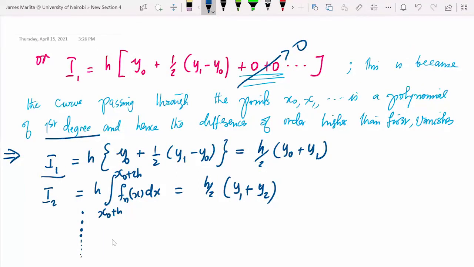If we have I1 as H over 2, Y naught plus Y1, then I2 as H over 2, Y1 plus Y2, I could then say I3 will be H over 2, Y2 plus Y3. Is that correct? Are we together there? Yes.